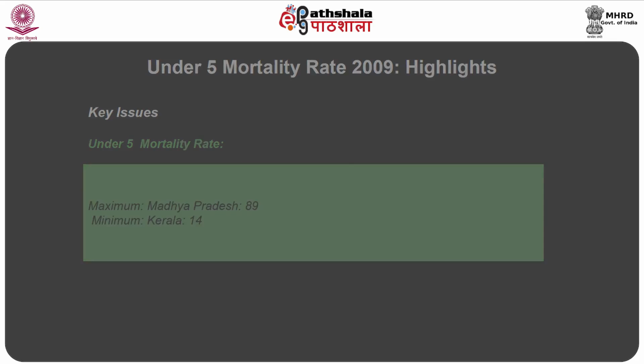The government of India, as in the case of most of the developing countries, given the high mother and child mortality, has started very intensively new commitments to improve the maternal and child health programs.